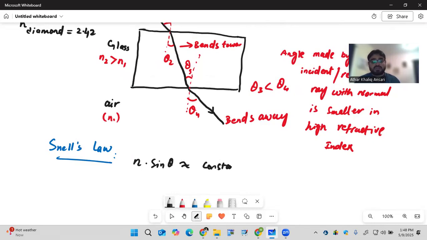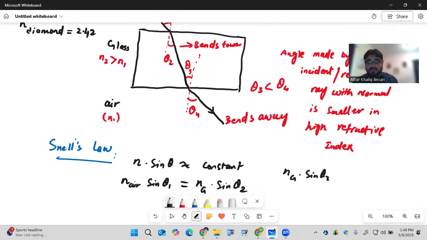In the figure shown, the refractive index of the air times the sine of the incident angle theta 1 is equal to the refractive index of the glass times the sine of the refracted angle inside the glass, theta 2. If you want to write the same equation for passing from glass to air, you can write n of the glass times sine theta 3 equals the refractive index of the air times the sine of the refracted angle theta 4.